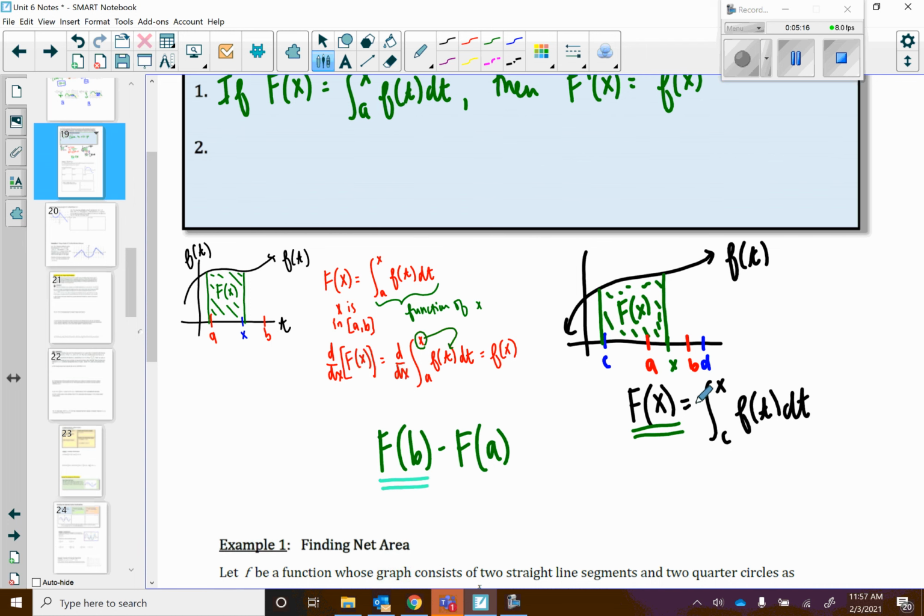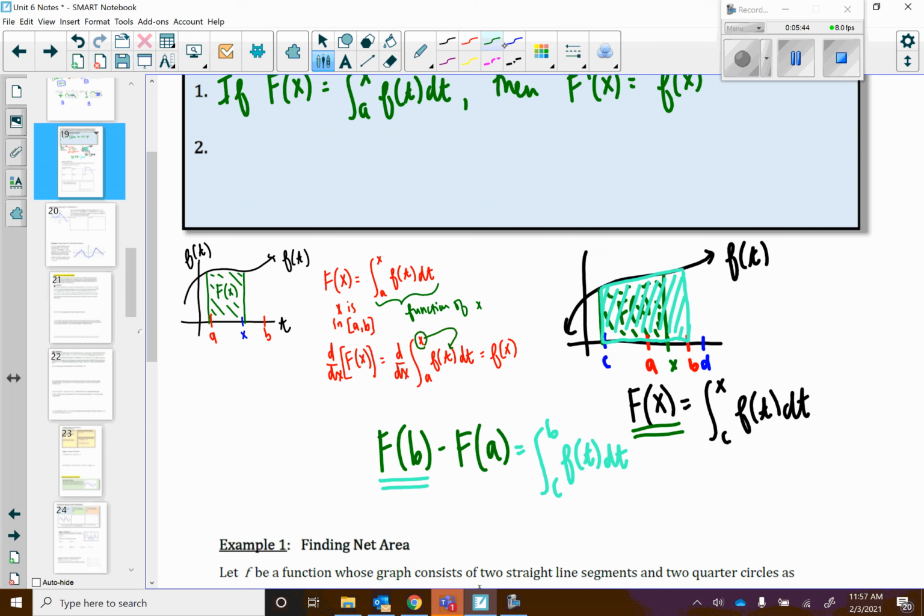F of b, I'm plugging in b for the x up here, is the integral from c to b of this function, f of t dt, and that is the area under the curve from c to b.